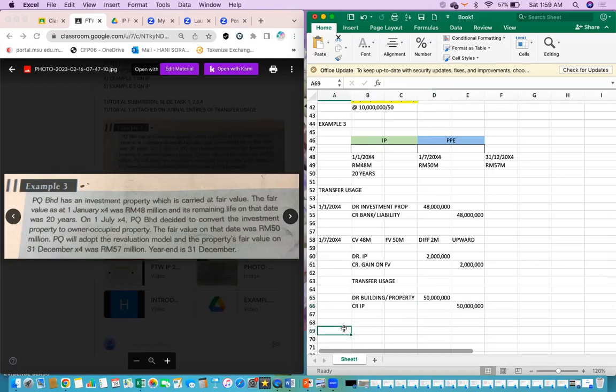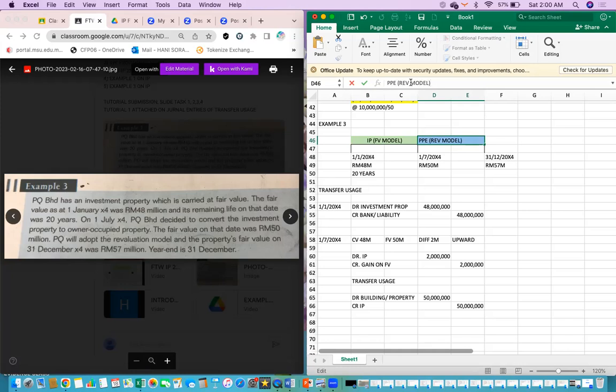Okay, next. Now we have to treat the question. If you look at the question, you can see that they are using fair value model. And then they mentioned that they use revaluation model. So being PPE, they use revaluation model. If you still can recall, MFRS 140, they have two methods.